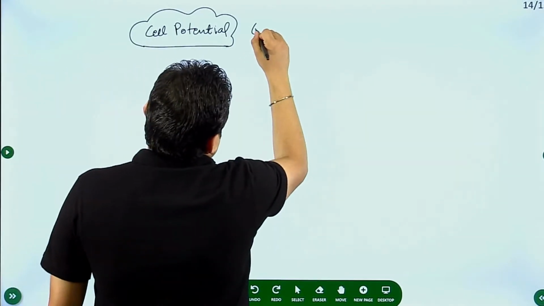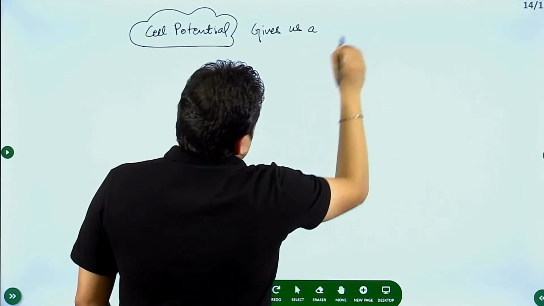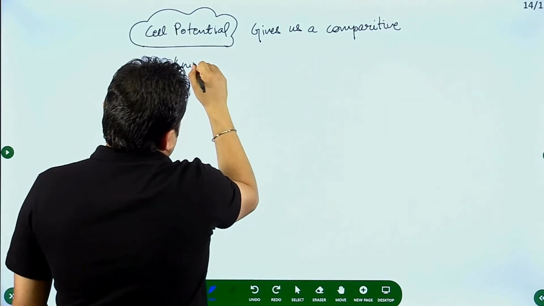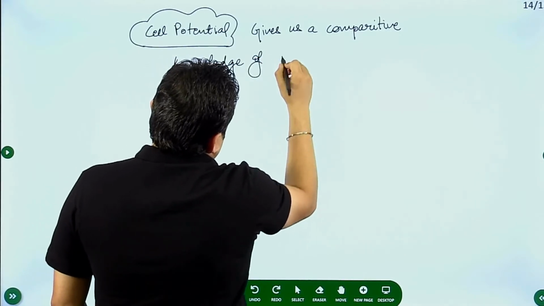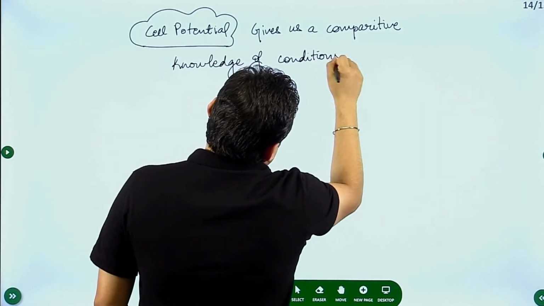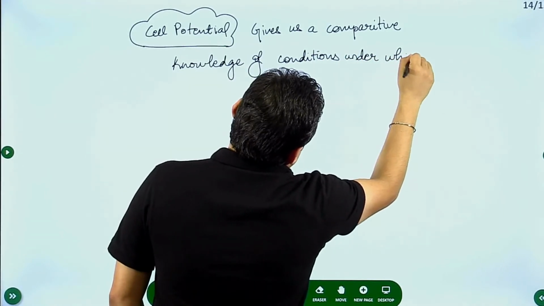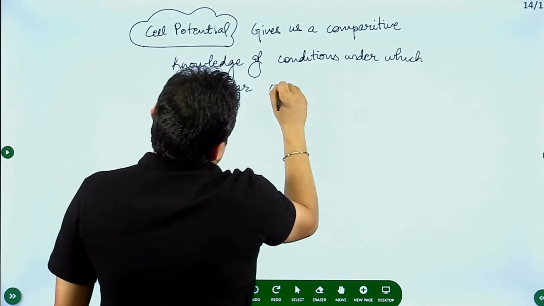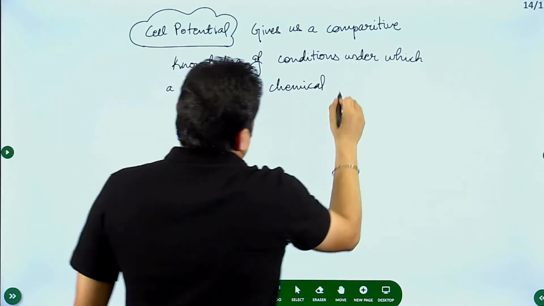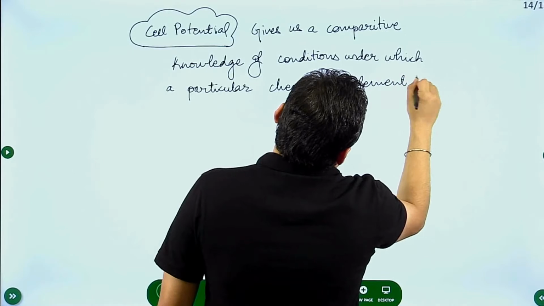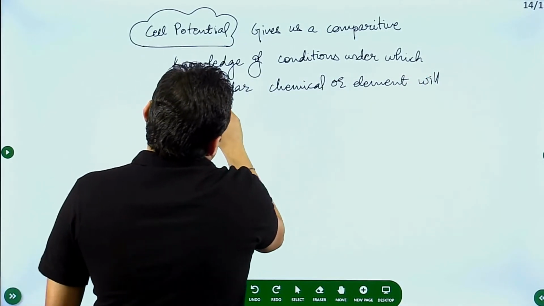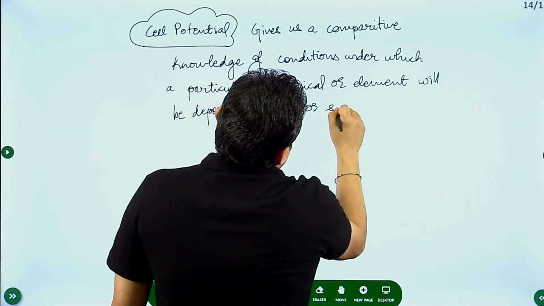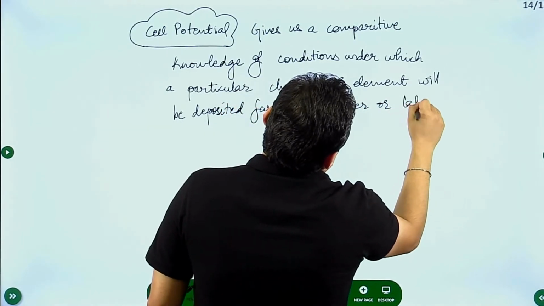So cell potential gives us comparative knowledge of the conditions under which a particular chemical or element will be deposited faster or sooner or later.